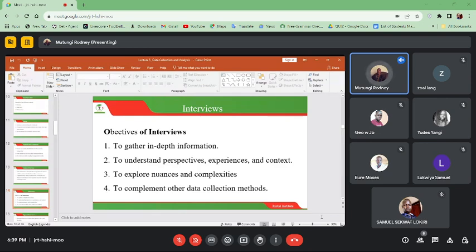Then, to complement other data collection methods, you can have these in-depth interviews in addition to your survey. So as a researcher or as an M&E specialist who is going to implement these nutritional surveys, these nutritional programs, you need to be very flexible. You need to implement those methods that will work for the best of your organization.